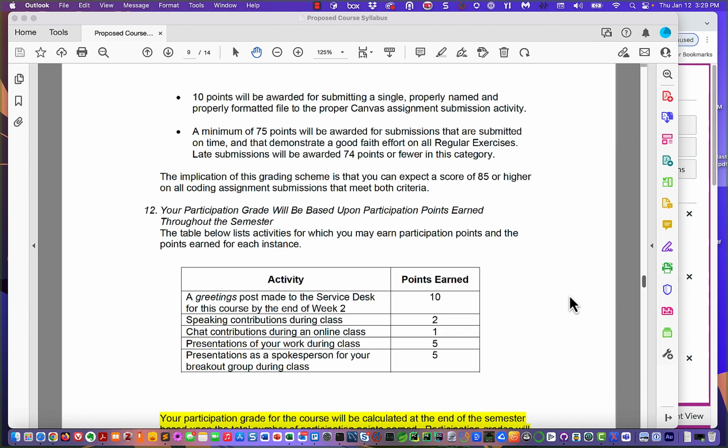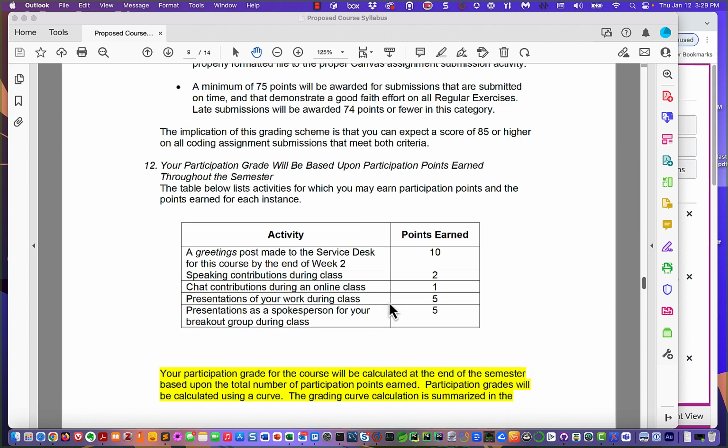Your participation points are going to be calculated the following way. When you do your greetings post in either week 1 or week 2, you earn 10 participation points. When you speak during class, you earn 2.